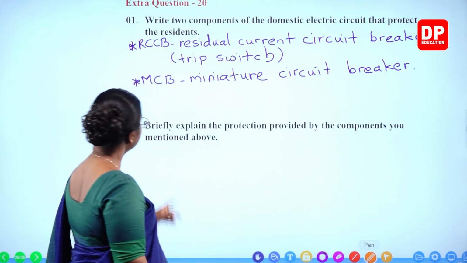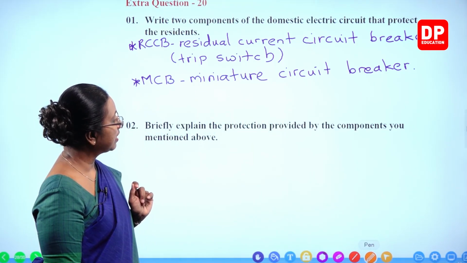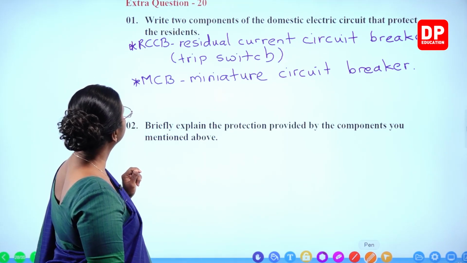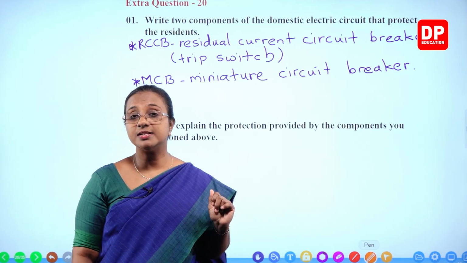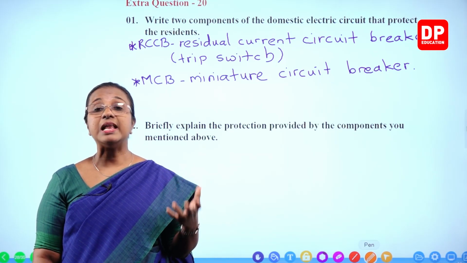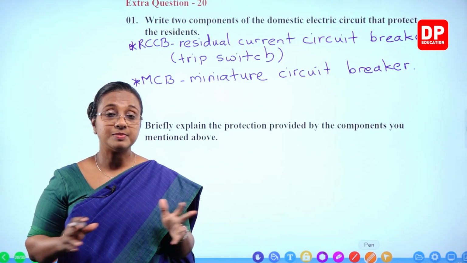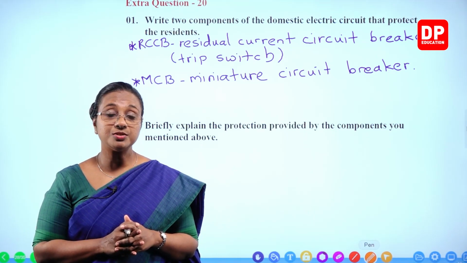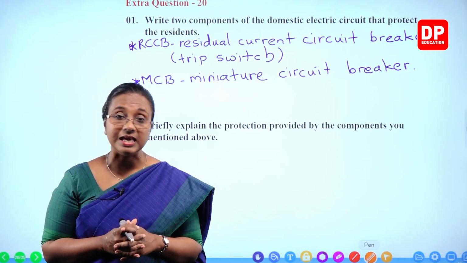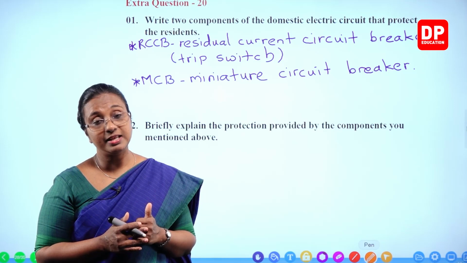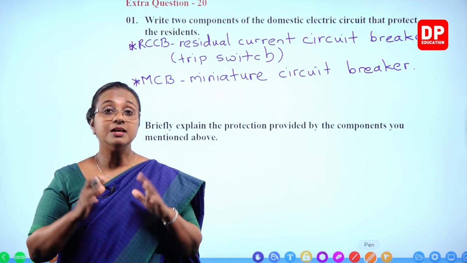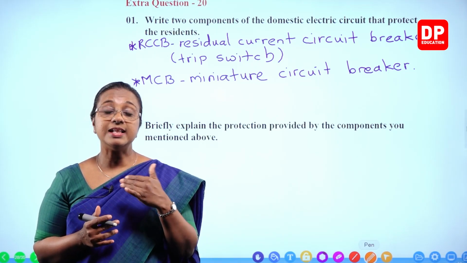Then the next question: briefly explain the protection provided by the components you mentioned above. The RCCB, residual current circuit breaker, protects residents from electric shock. I have explained this so many times before, students. If there is an electric appliance with a metal casing, and there is electricity leakage to the casing, there is an earth wire connected to the metal casing, and through that electricity will flow.